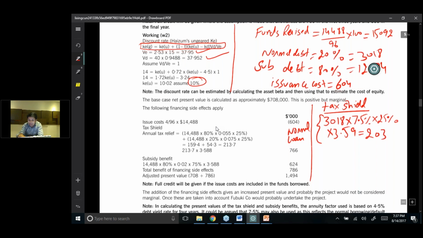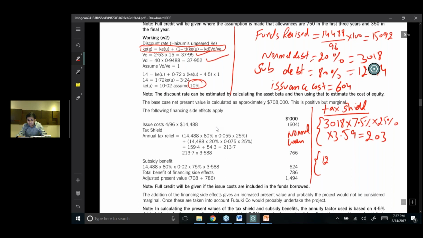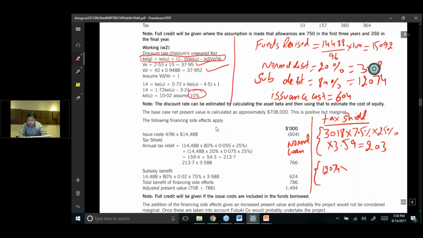And what about the subsidized debt? 12,074. The subsidized debt cost is 2% below the normal rate, that is equal to 5.5%, into 25%, discounted at 3.59.